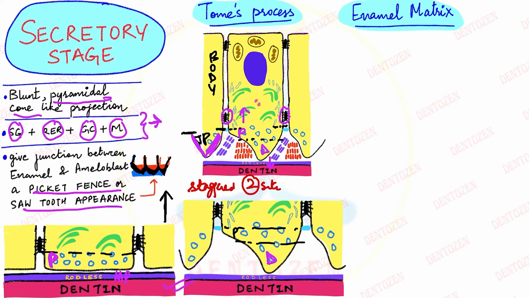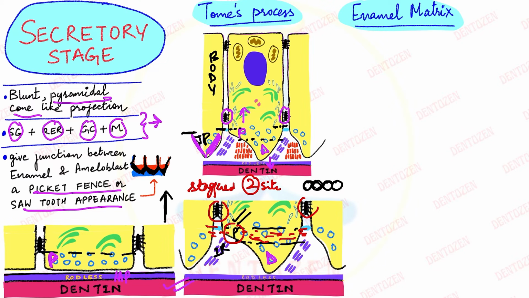What are the two sides? The first side is the proximal part, which is close to the distal junctional complexes along the adjoining ameloblast. So it will secrete the first enamel, which is known as interrod enamel. So interrod enamel is secreted from the first side, that is the proximal part. It will be secreted like this, if we see from the top, as a continuum along the periphery of the proximal part.